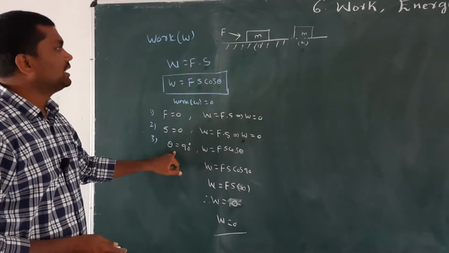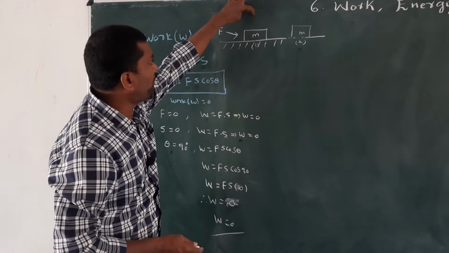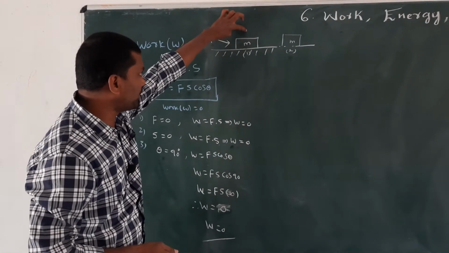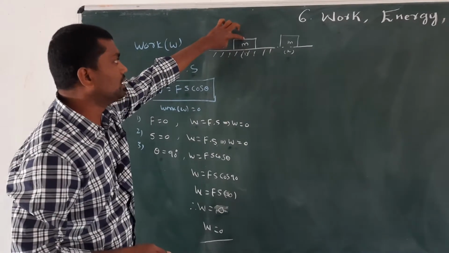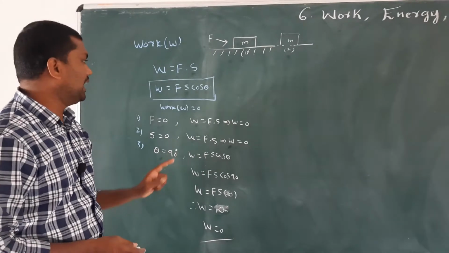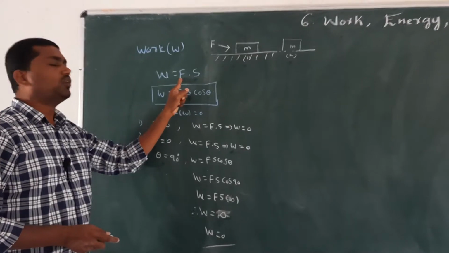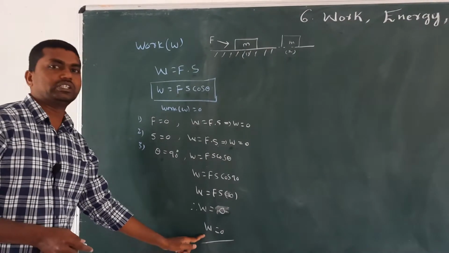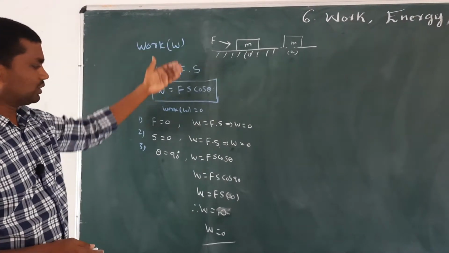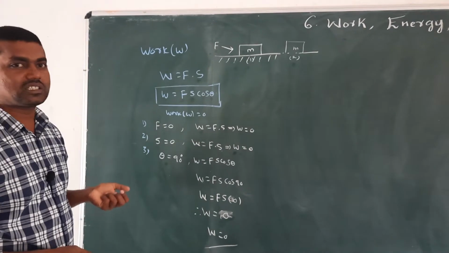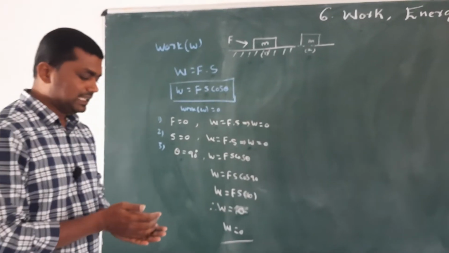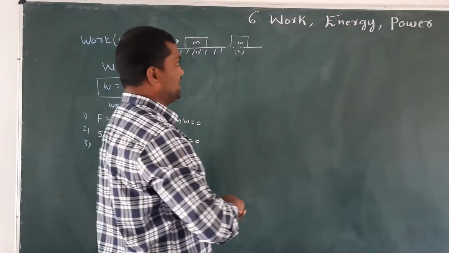And third, suppose we apply the force perpendicular to the object, that means the angle between the displacement and force is 90 degrees, then the work will also be 0. So these are the conditions for the work to be 0.